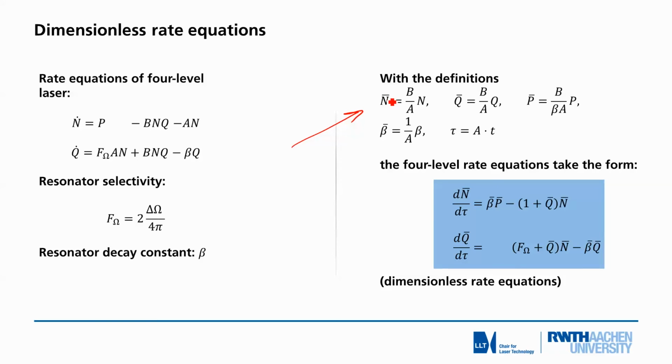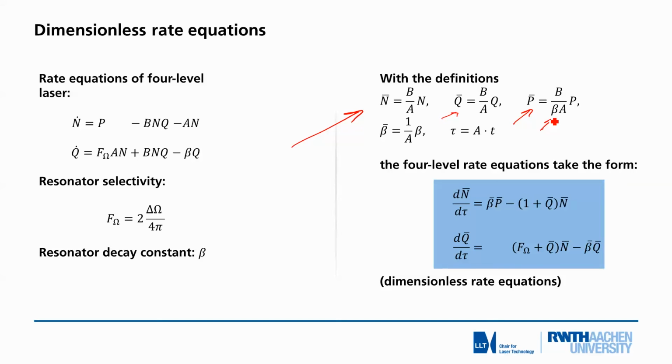So now n bar is equal to n, however, multiplied by the ratio of the Einstein coefficients b and a. The same thing for the photon number, and for the pump rate we introduce essentially the same ratio, however also include the beta in this new definition of the coordinate.